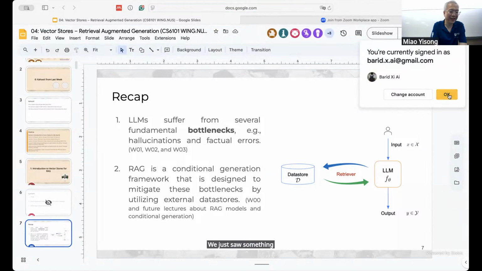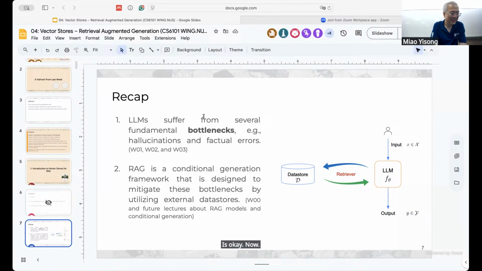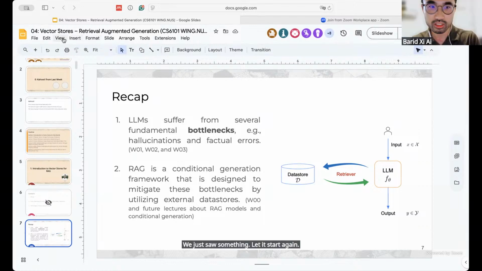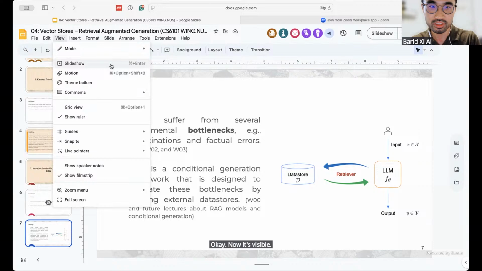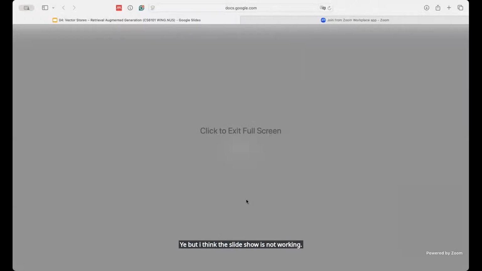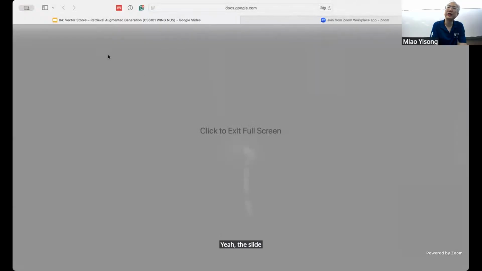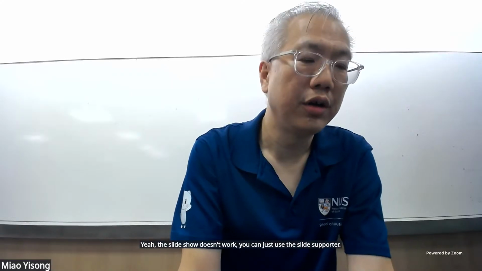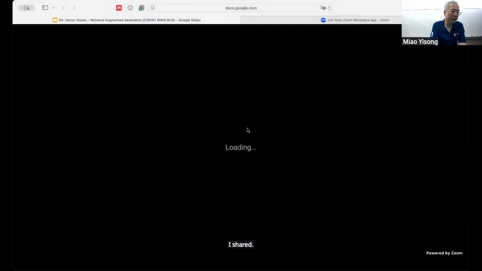I'm gonna try it again. Okay. Now it's visible. Yeah, but I think the slideshow is not working. If the slideshow doesn't work, you can just use the Slideshorter. Okay, I see. Fine. You just share the regular screen on Slideshare. Okay.